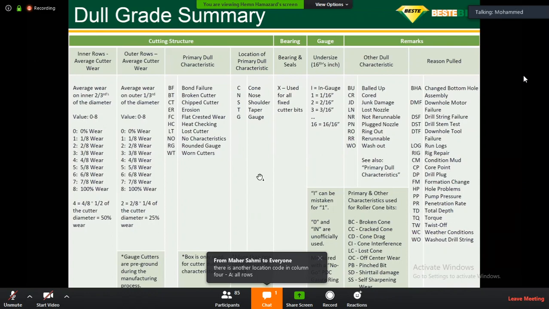Maher Sahmi added another piece of information. He said there is another location code in column 4, A for all rows. Location of the characteristics? Maher, can you unmute yourself?